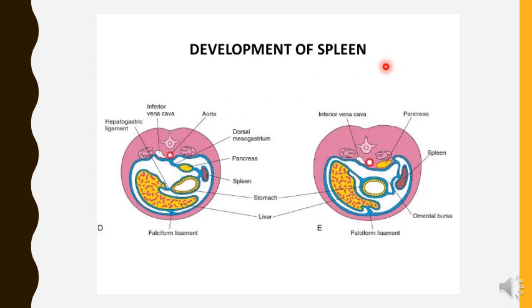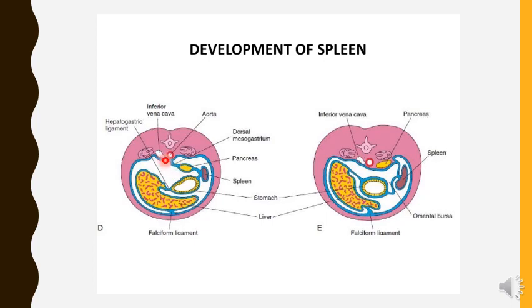Now the development of the spleen. The spleen is developed as lobulated masses from the mesoderm of the upper part of the dorsal mesogastrium. So this is the dorsal mesogastrium.